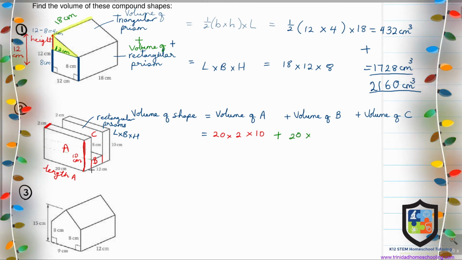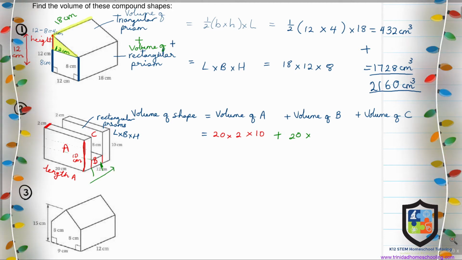The breadth of B is going to be this little piece here. Now what is that little piece? If we look along here, we see that this entire length here is 12 centimeters. And these two little tiny pieces here that I'm highlighting green are each 2 centimeters, which is the same as these two little lengths here at the bottom.